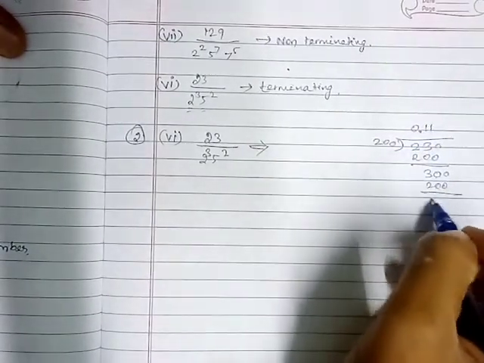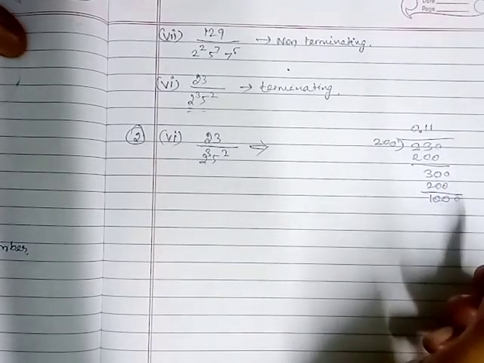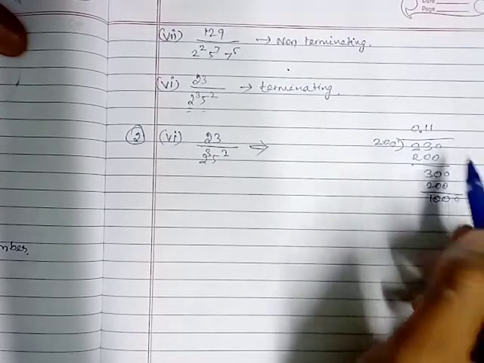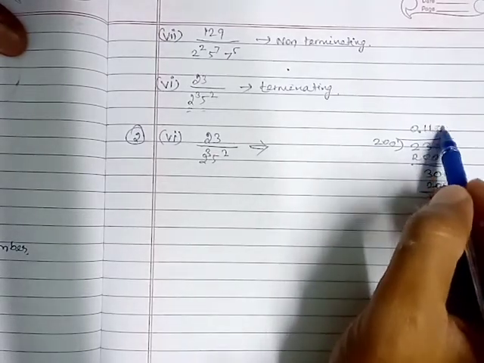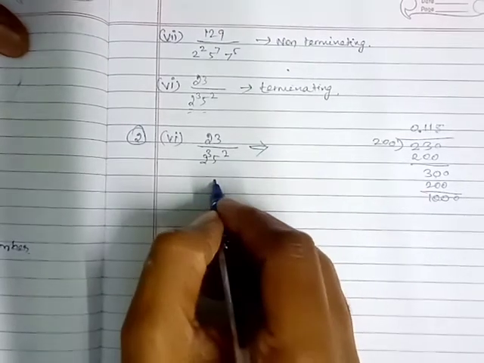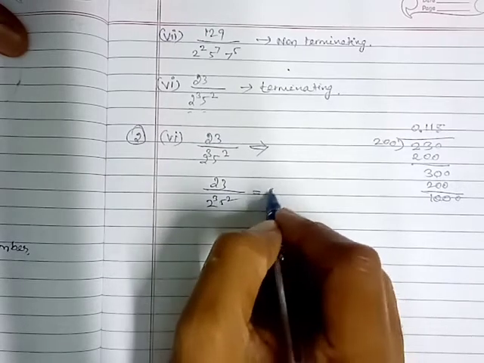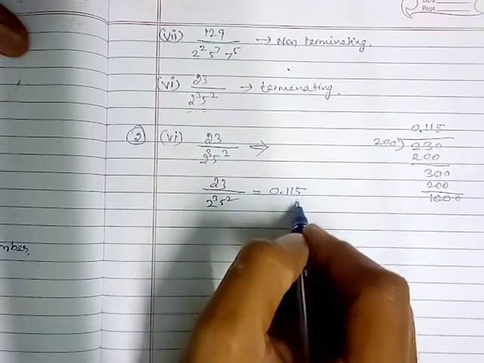Balance 100. In 100 we cannot accommodate 200, so we have to take 0. In 1000 we have 5. So the answer is 23 by 2 cube 5 squared, which is equal to 0.115.